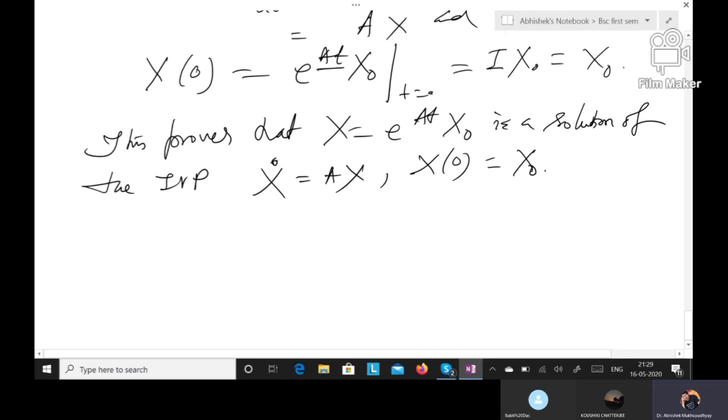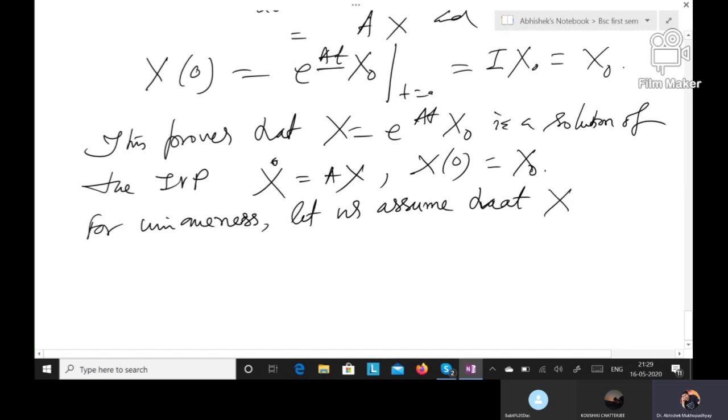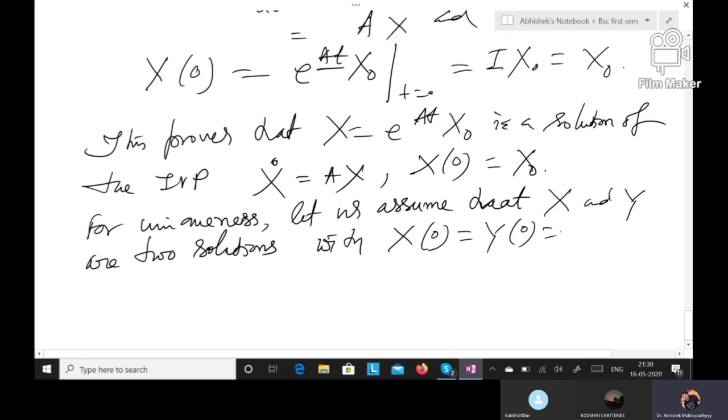And for this, for uniqueness, let us assume that capital X and capital Y are two solutions of the system with the initial condition X at 0 and Y at 0 both are X naught.